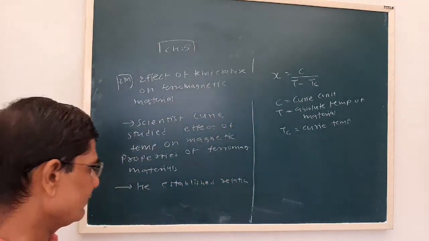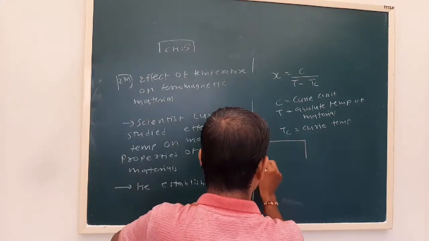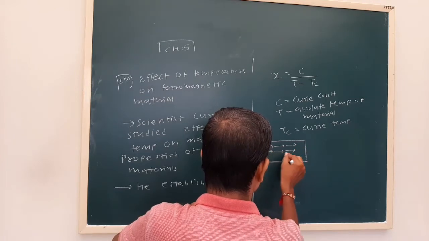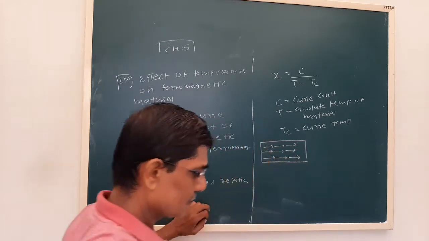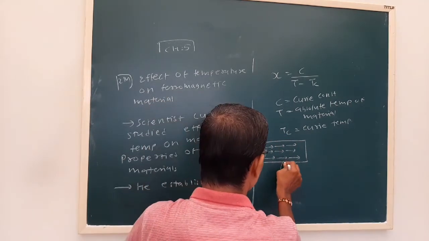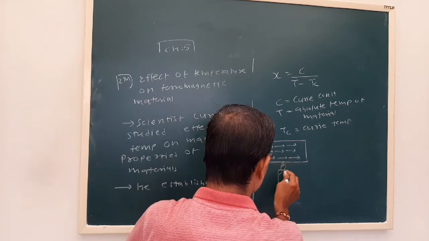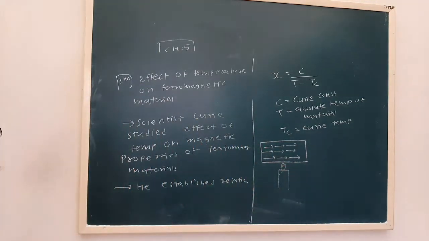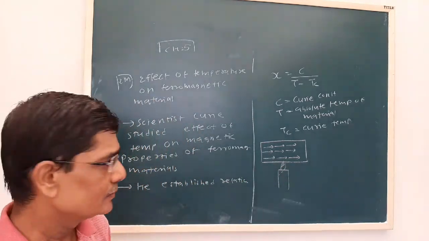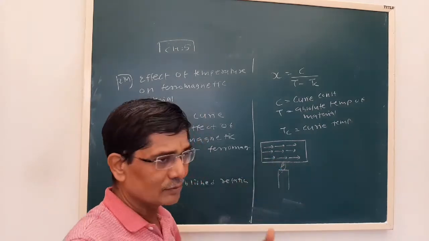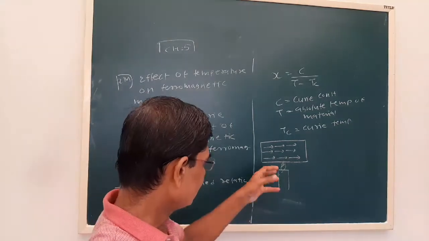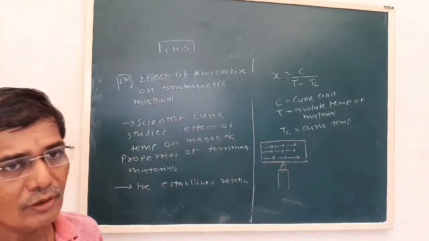Now, what have we seen here? In ferromagnetic material, dipoles are arranged in the same direction. But what happens when the temperature of the ferromagnetic material is increased, or we can say it is heated? Because of the effect of temperature, the bonding or the dipole moment arrangement is broken.